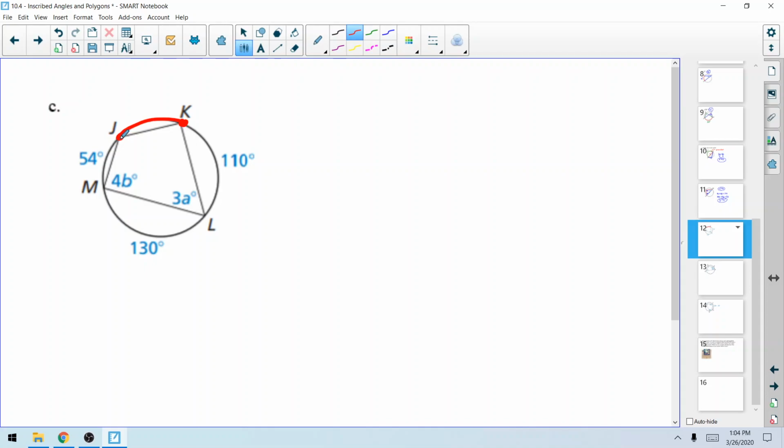So if you look at the whole circle the whole way around, we know that a whole circle is 360 degrees. So the first thing I'm going to do is start adding, and I'm going to take my 110 plus my 130 plus my 54. Okay, grab your calculator. 110 plus 130 plus 54 gets me 294.